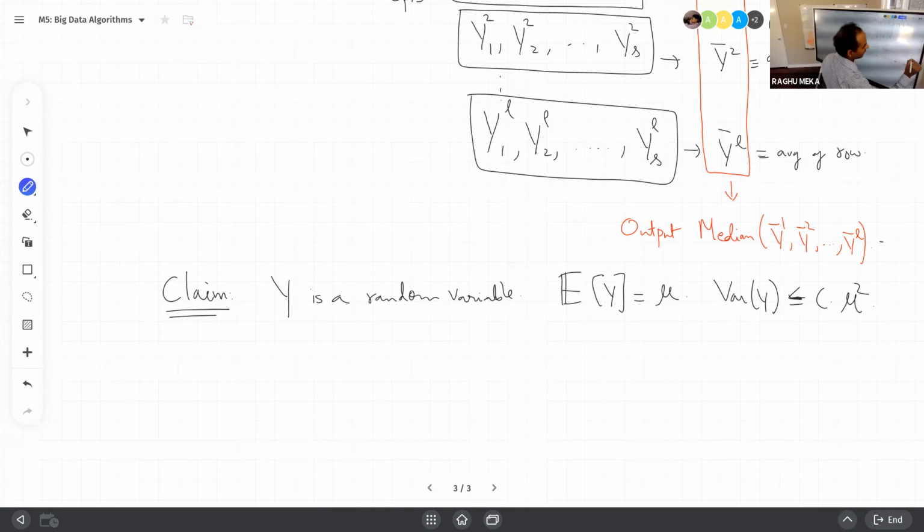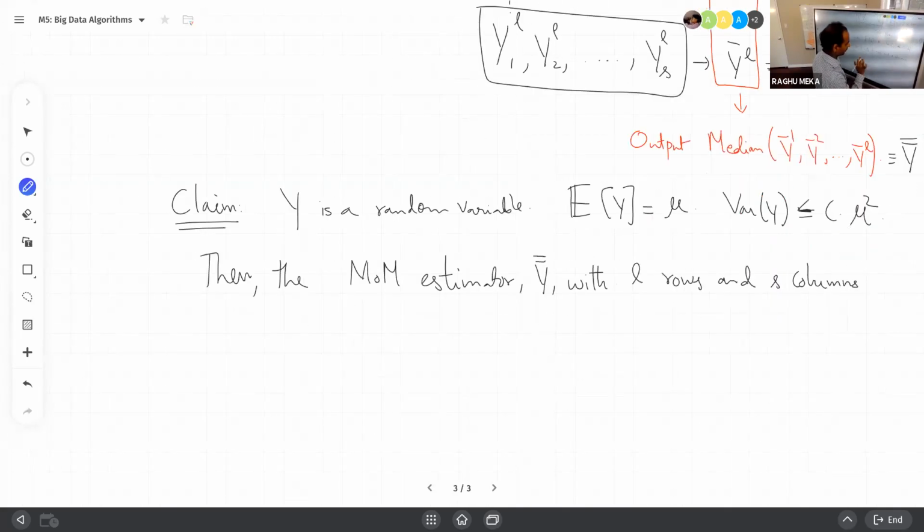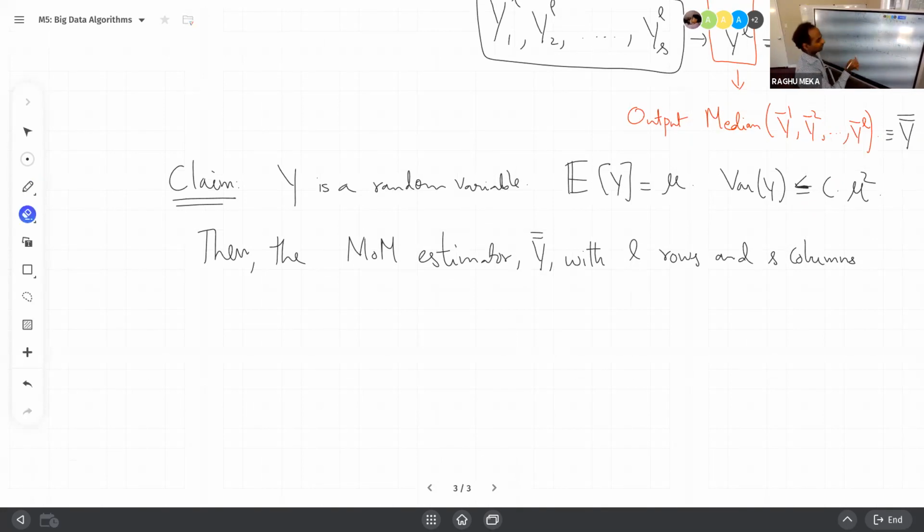Let's call this guy Y. Then the median-of-means estimator... let me state a more condensed version.